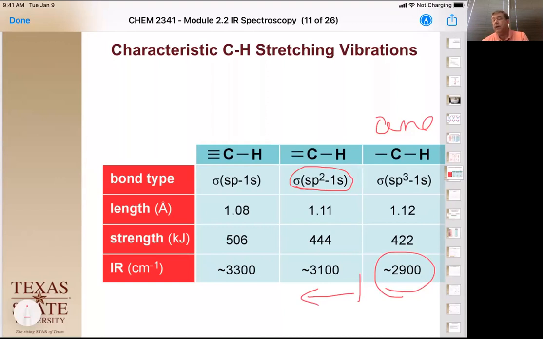And if you have a hydrogen on the end of your alkyne, it's going to show up way up at 3,300 because we have half S and half P, giving us a shorter bond, a stronger bond, and a higher frequency. Okay, so do we see that these characteristic CH stretches still agree with higher frequency equals higher bond strength? Even though this is not the triple bond or the double bond, the hybridization changes that bond strength, and so we can recognize that when we see it in a spectrum.